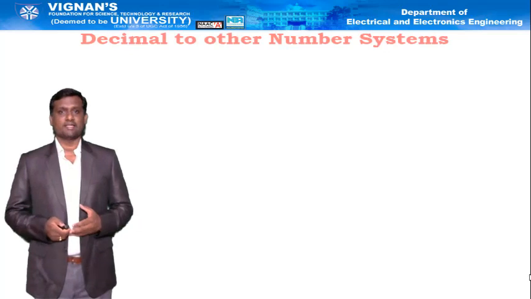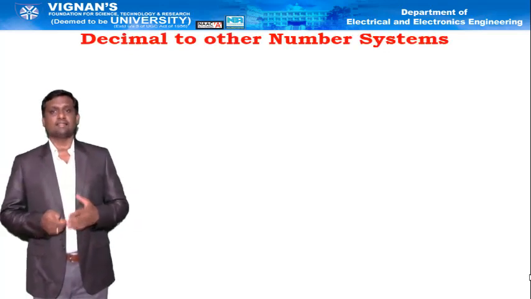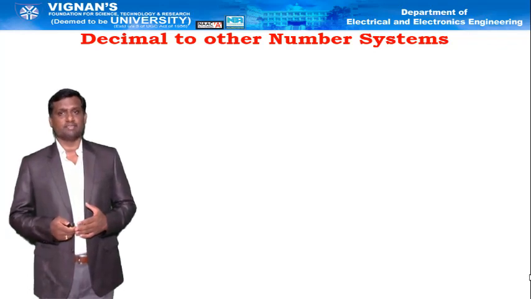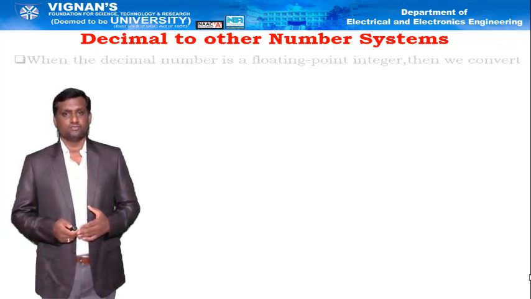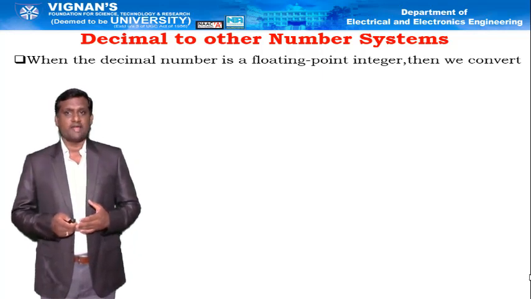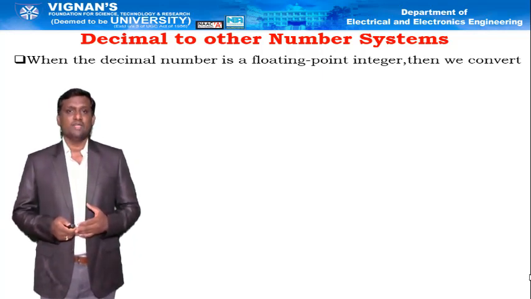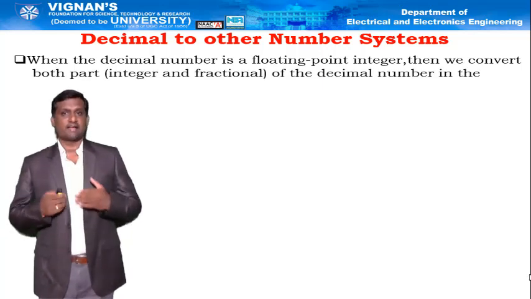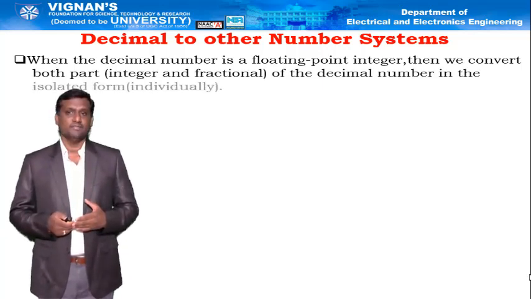The first one is decimal to other number systems. When the decimal number is a floating point number, we convert both the integer and fractional parts of the decimal number in isolated form.